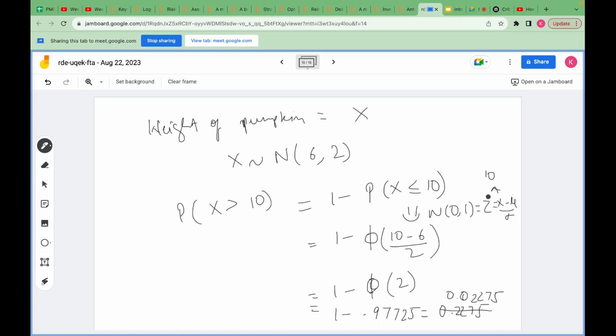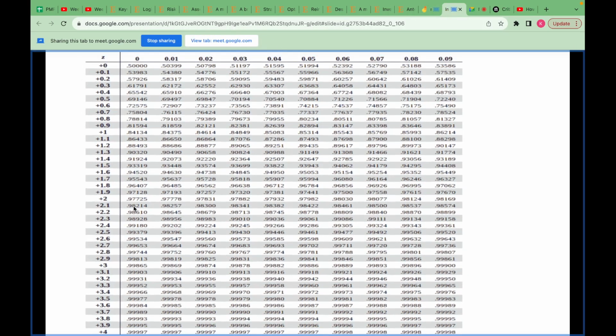This is the z value, right? So the z value is 2.0. From this table we see that this is the z scale. The z is 2 point, and these are the decimal quantities.